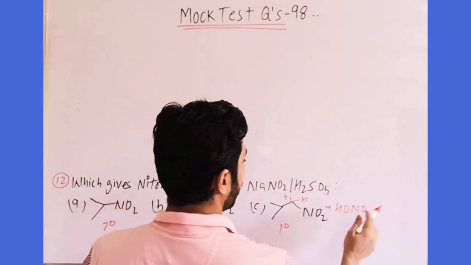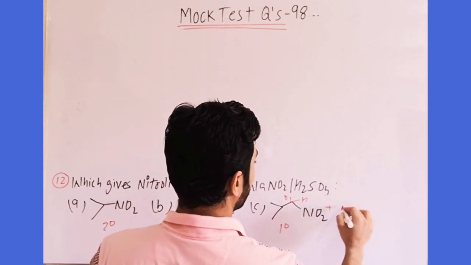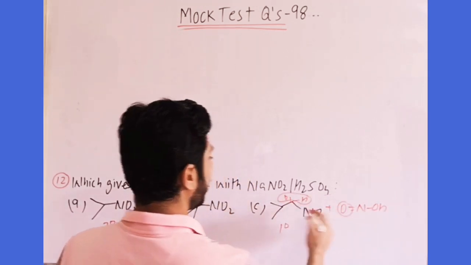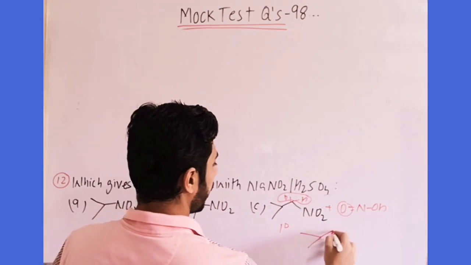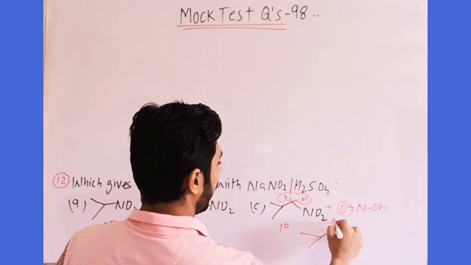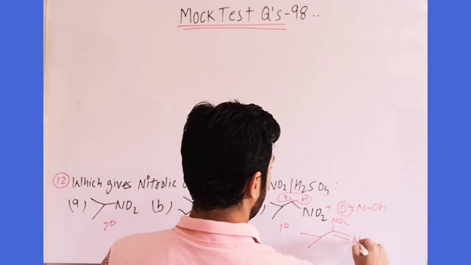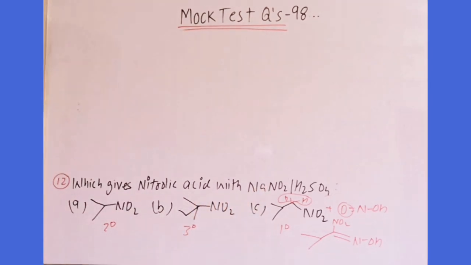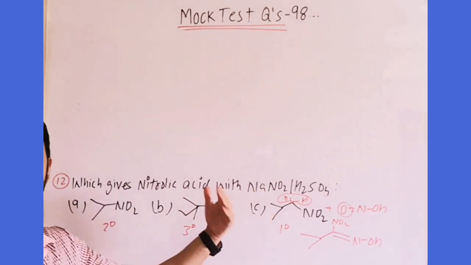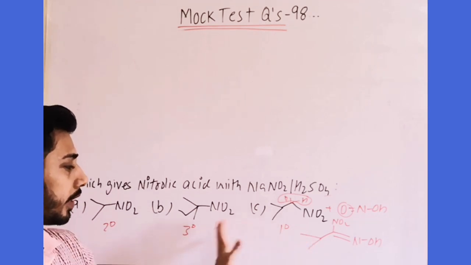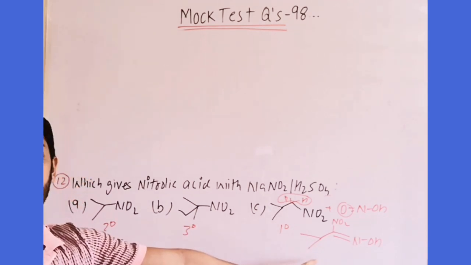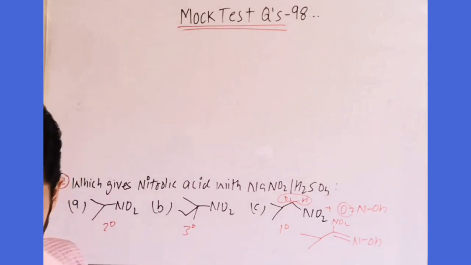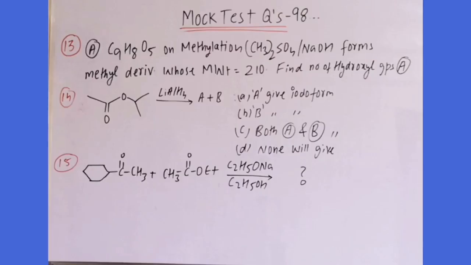Okay, so here you can take it like this, HONO, and these all leaving, and you will get this type of NO2 there as it is, and there NOH. In short, you can see the Victor-Meyer test for primary, secondary and tertiary alcohol or nitroalkane, and you will get the final products. For each we are getting a different product. Here this is nitrolic acid formation, and then in alkaline medium it gives red color formation also. Okay.